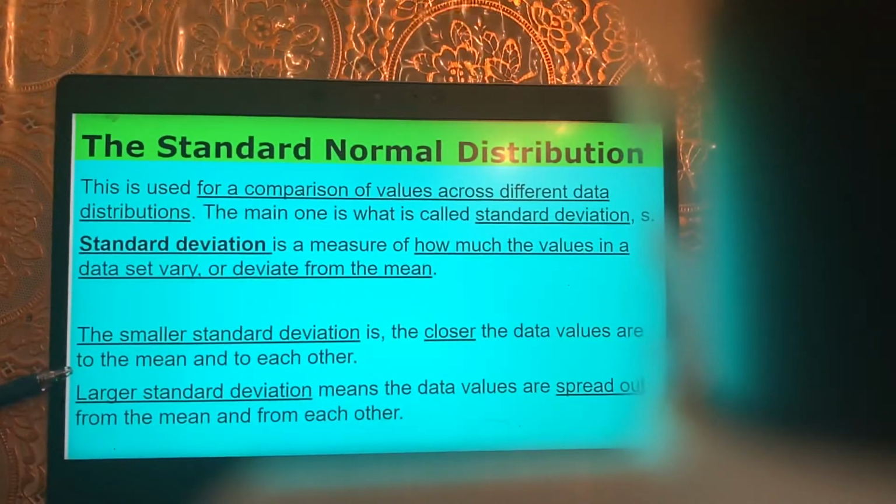The smaller the standard deviation is, the closer the data values are to the mean and to each other. The larger standard deviation means the data values are spread out from the mean and from each other. So that is the main distinction, how we check whether data values are closer to the mean and to each other or spread out, using standard deviation.